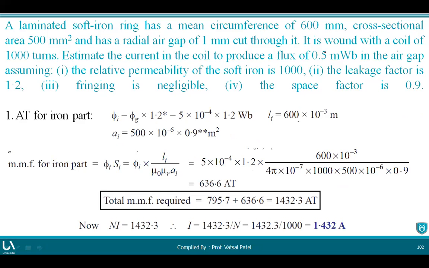So first of all, we identify the value of the flux for the iron part material, that is equal to the flux for the air gap multiplied by the leakage factor. We already used the equation in our calculation, that leakage factor is equal to the total flux, or the flux for the iron part material, divided by the flux for the air gap. So that is the equation we are going to use over here to identify the values.